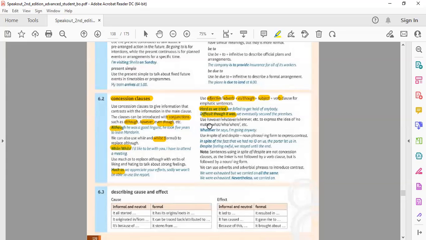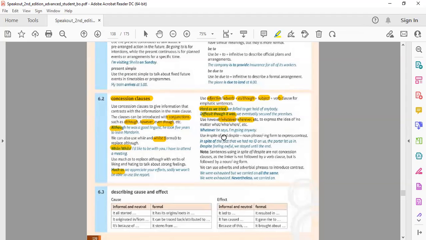We use "however" or "whatever" or "wherever," etc., to express an idea of "no matter," you don't care, of what, who, or where. Of course, "wherever" is about a place, "whatever" can be about a thing.